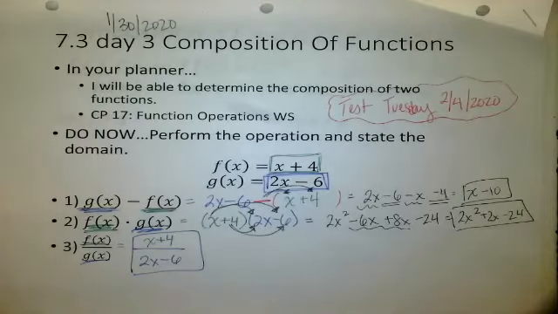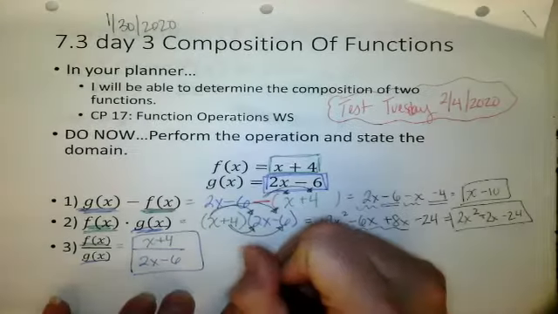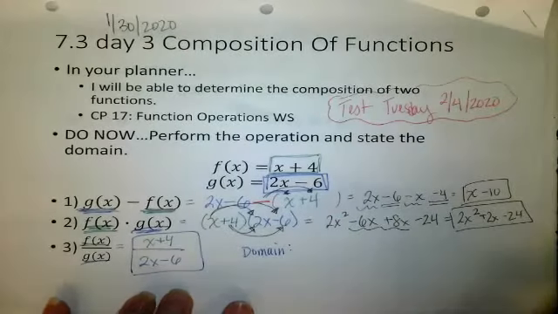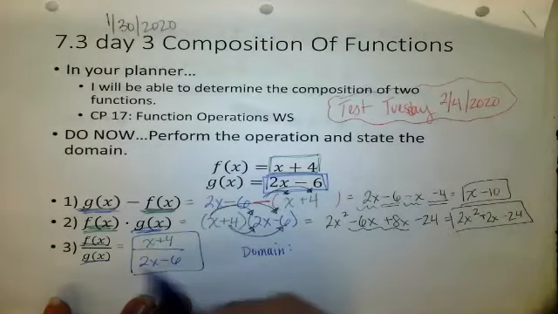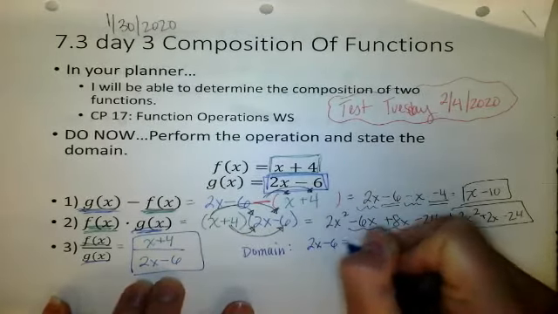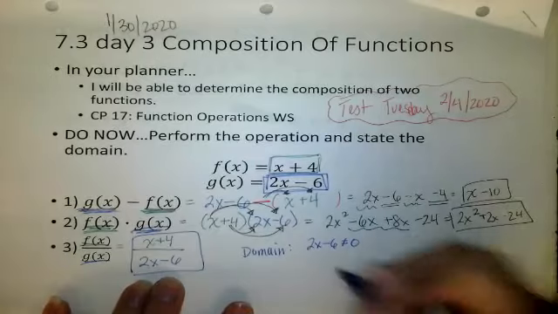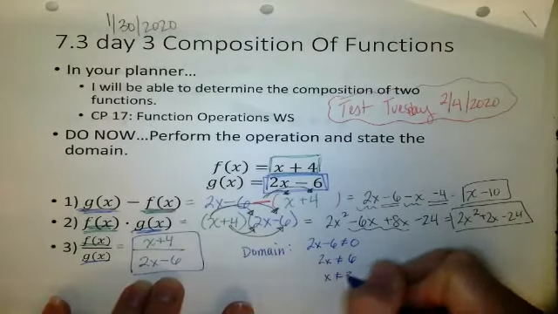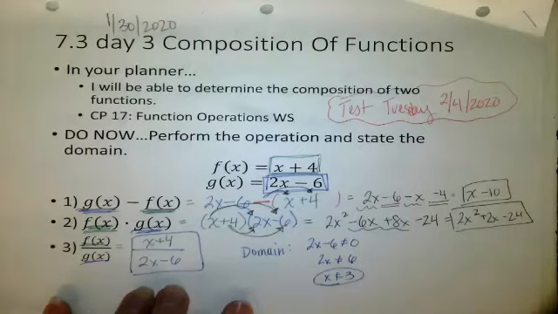Very easy to do. If I asked you, hey, what's the domain of this function? Where does the domain come from? Set the denominator equal to 0. Denominator domain, 2x minus 6 is not allowed to be 0. We're going to add the 6 and divide by the 2, and that will give us domain.